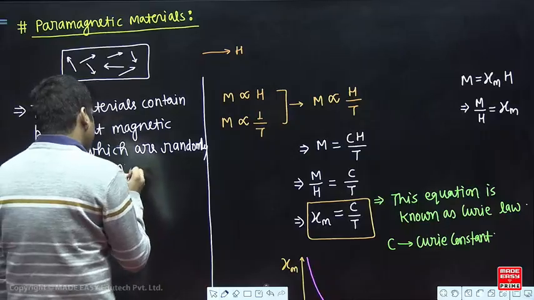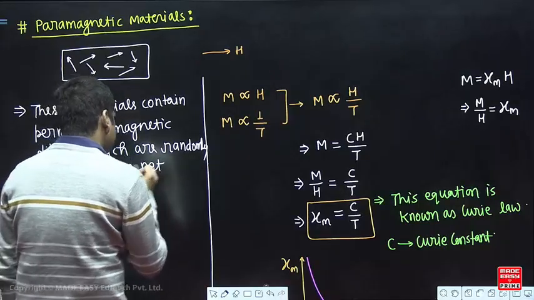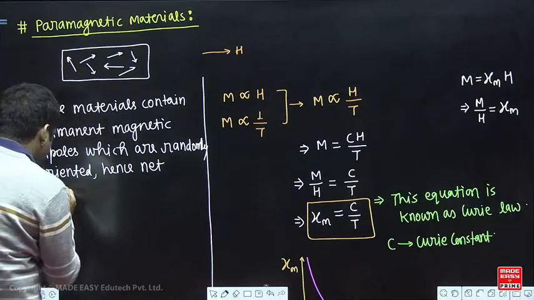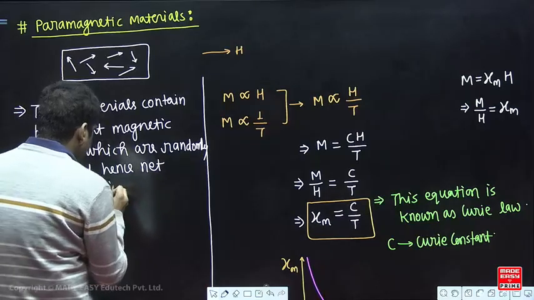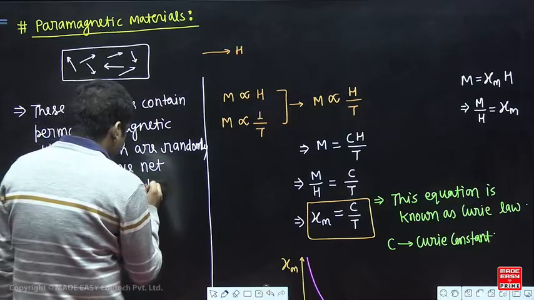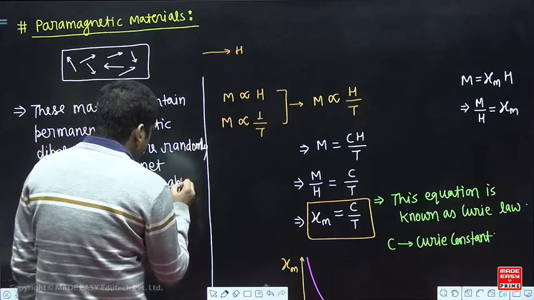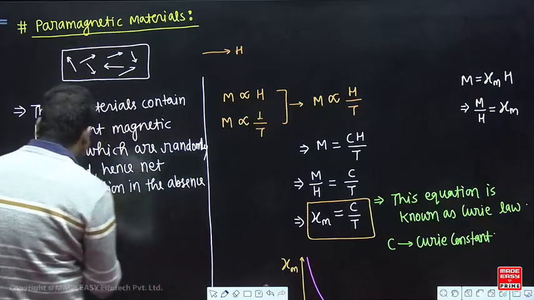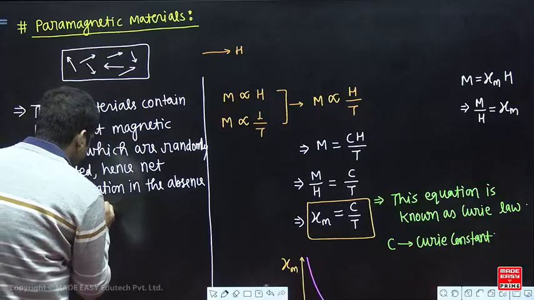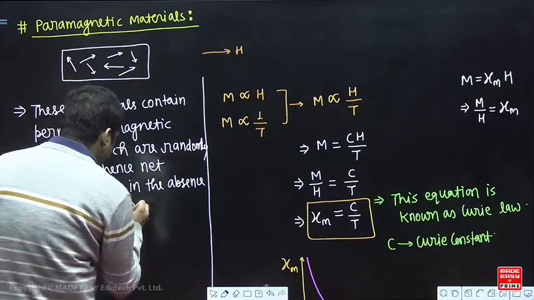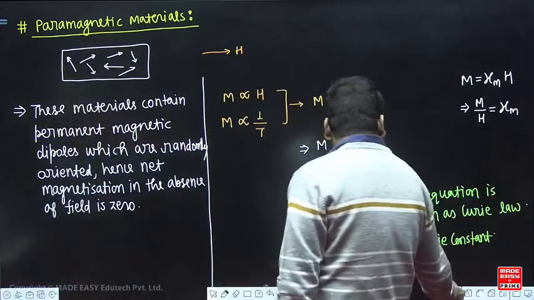Hence, net magnetization in the absence of field is 0.